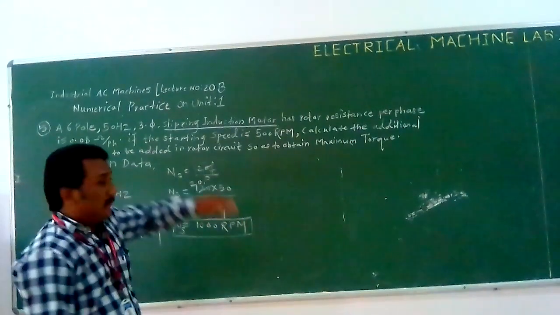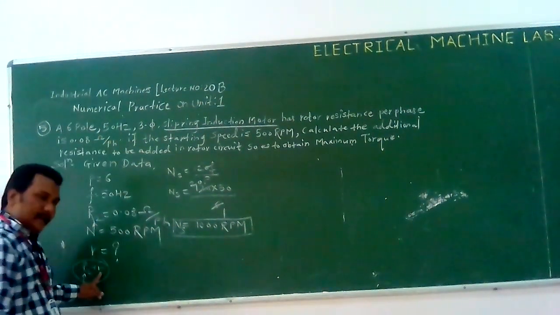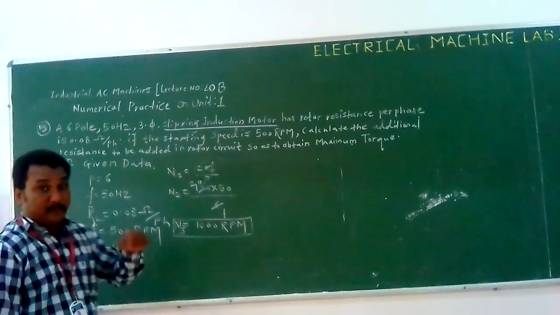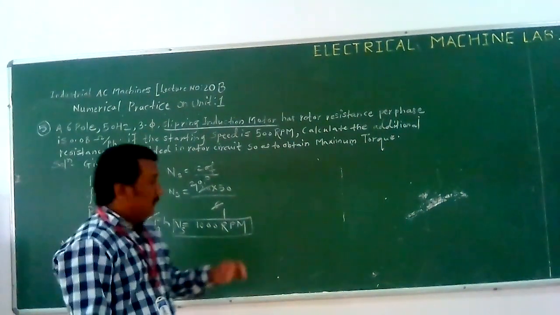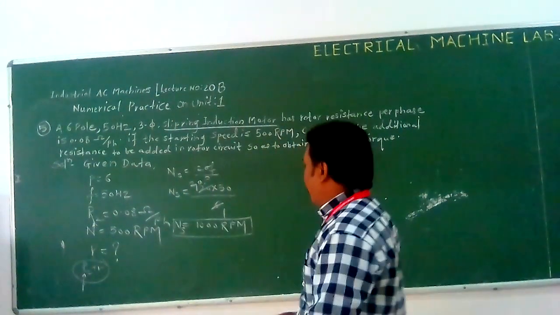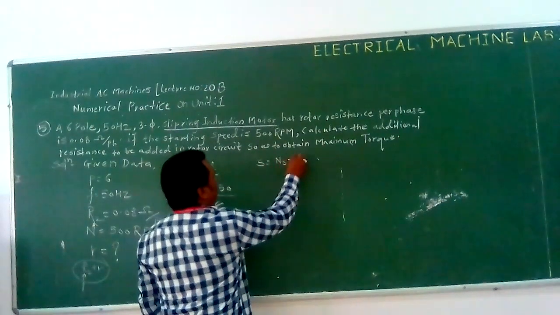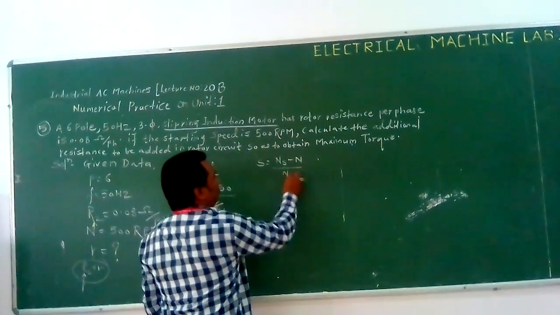because we have to calculate the slip, because by calculating additional resistances the slip should be calculated. Then we calculate the slip, and the slip formula we know is S equal to (Ns minus N) upon Ns.